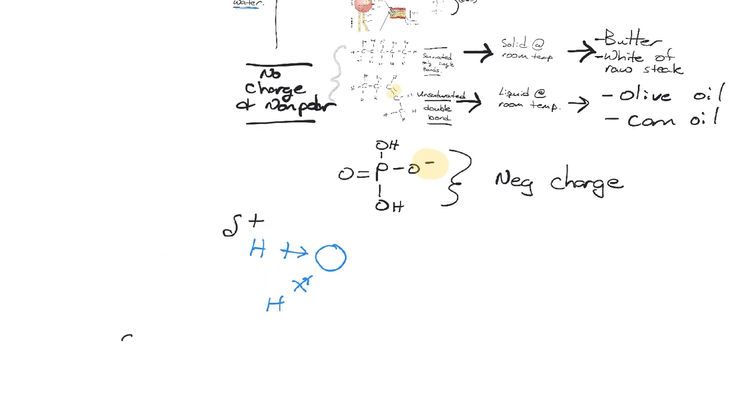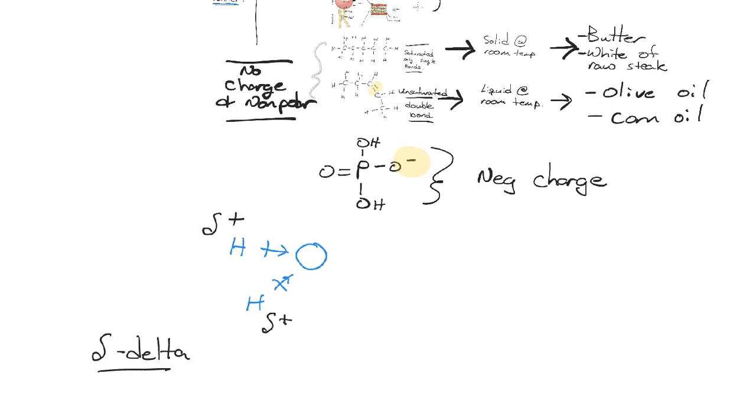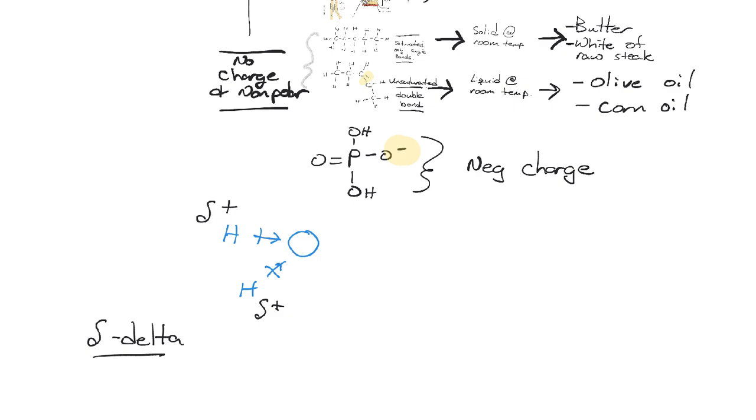We did talk about that before, but I know there's a lot of stuff that's gone on since then, so that's all right. So there's delta positive, all right? Delta just means that it's a partial charge. It's not a full charge.